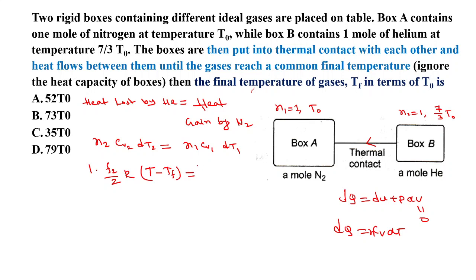And what is n1 here? That is the number of moles of nitrogen, which is 1, and Cv1 is f1 by 2 R with delta T1. What will be delta T1?